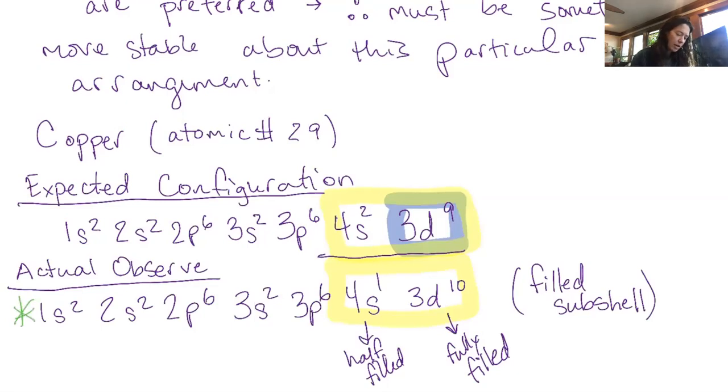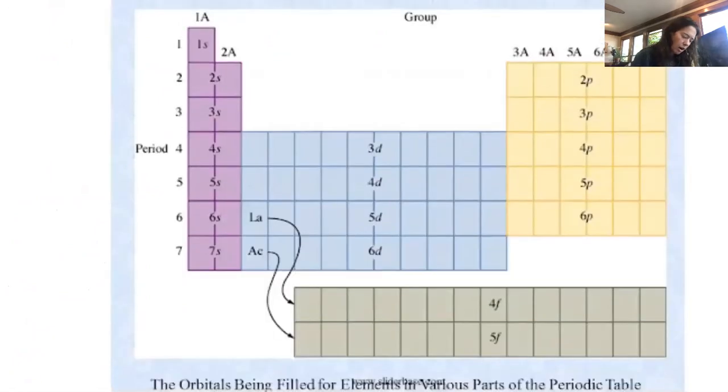Okay, if I could go up to my periodic table, I can show you that copper lives right here. And if you see that this is 3d, 1, 2, 3, 4, 5, 6, 7, 8, 9, 10. What that means is everyone right here would have the same exception, right?